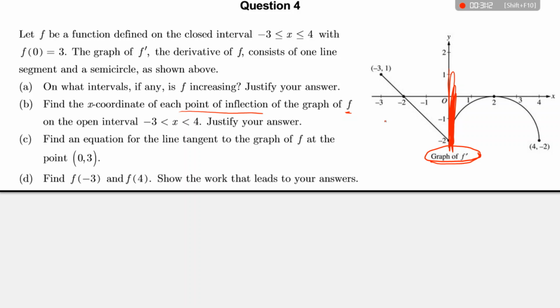Here my slope of f prime, that's f prime prime, was negative. Here my slope of f prime, that's f prime prime x, was positive. And then here f prime prime x was negative. So I have 2 points of inflection, 1 at x equals 0 and 1 at x equals 2.